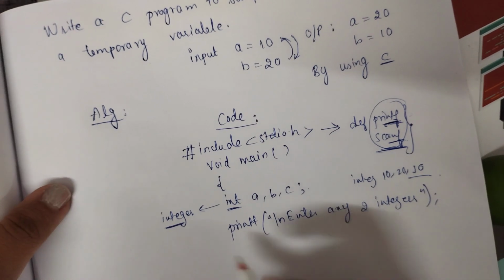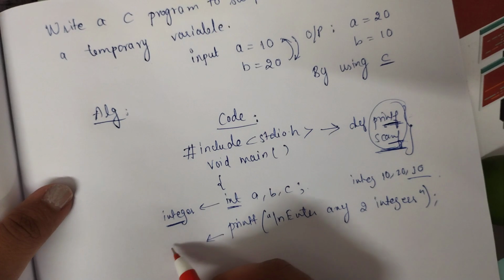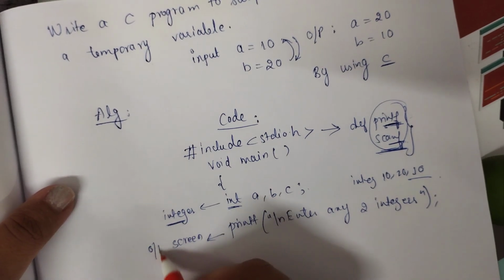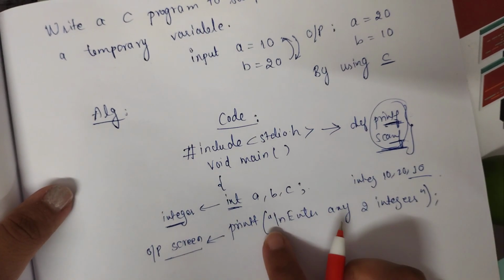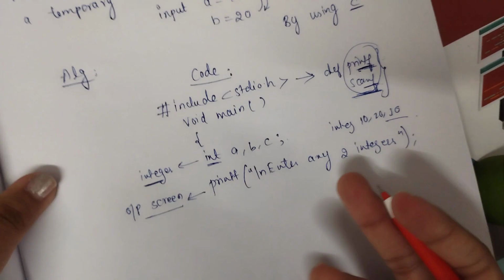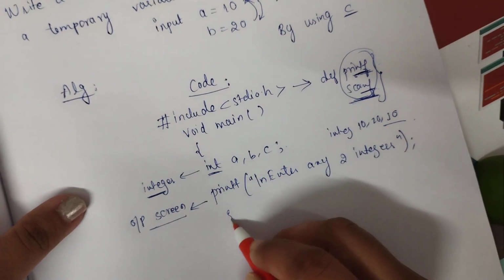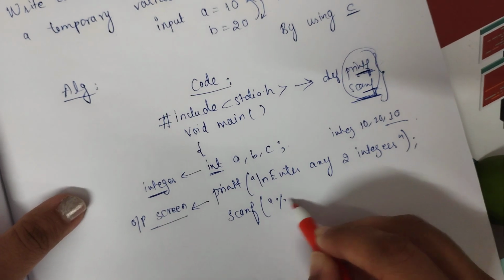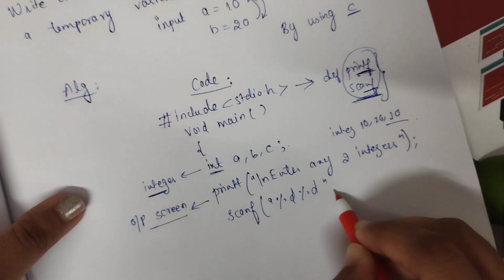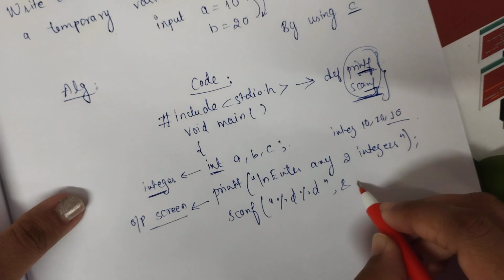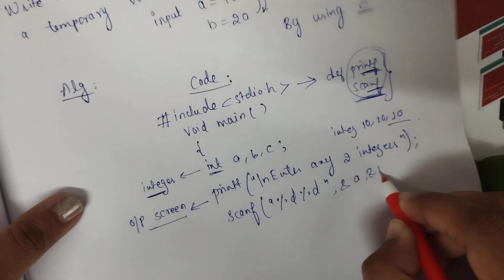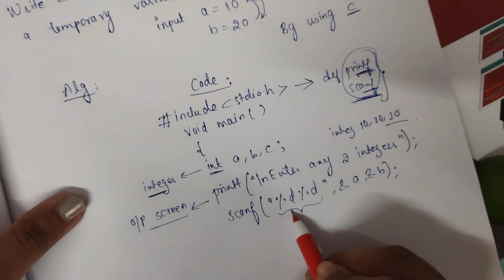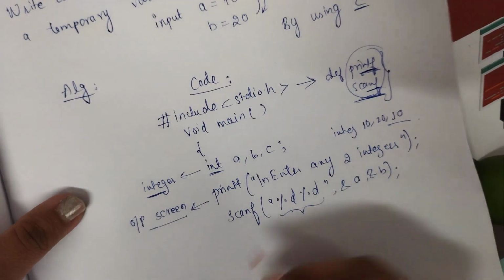This will be displayed on the output screen. When this statement executes, we have to scan the elements by using scanf with percent d, percent d, comma a, comma b. By writing this we can scan two integers.